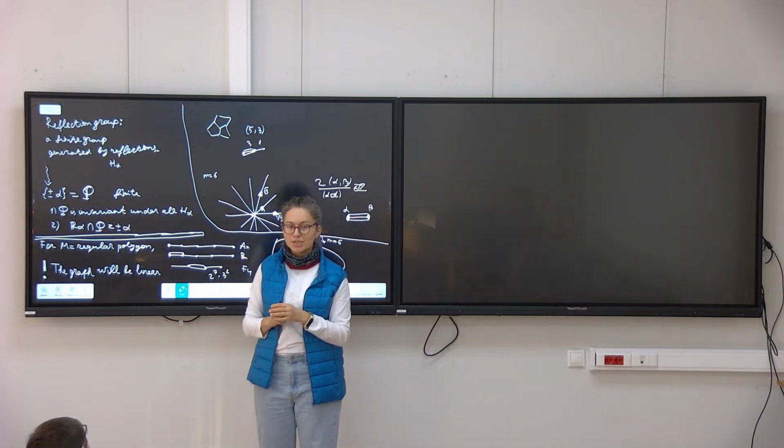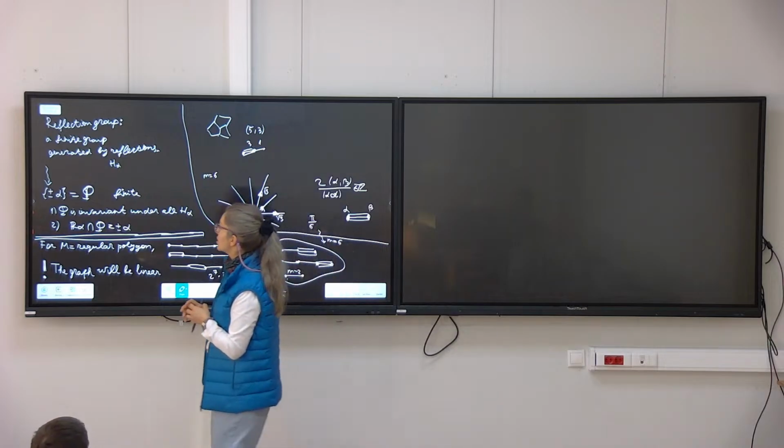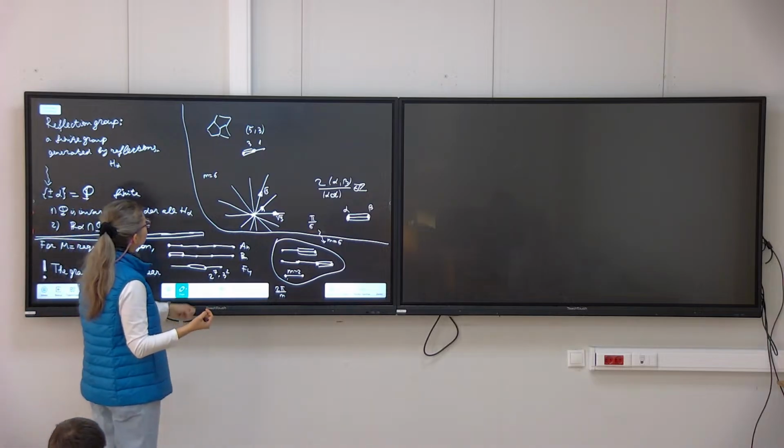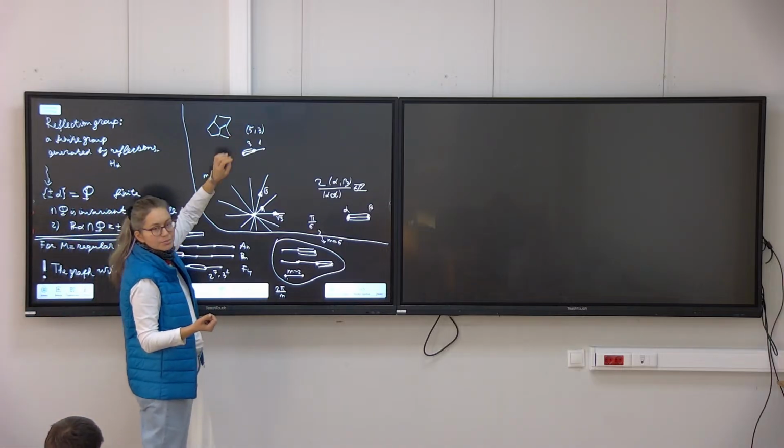So it is more or less clear from the definition, if we define alphas in this way, that if we pass to dual polygons, the group remains the same, and so it is the same for them both.